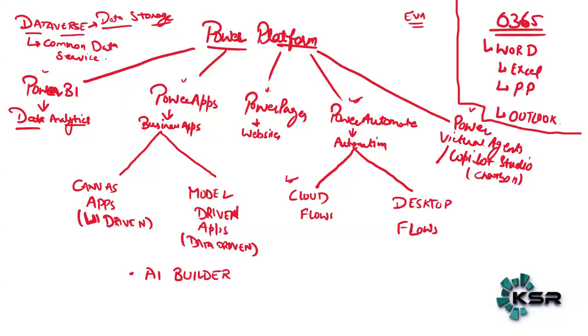And the next thing is that the Power Platform can be connected with multiple data sources. 100 plus data sources are connected directly. So whatever you are able to see on the screen is the entire world of Power Platform.